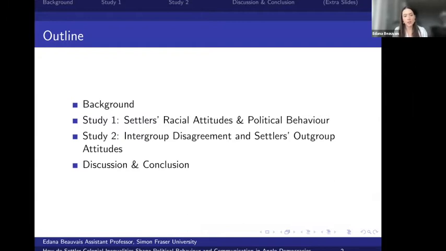The first study looks at settlers' racial attitudes and their political behavior, especially their voting behavior. The second study is more related to discourse, kind of reason giving. I look at how intergroup disagreement in online communication impacts settlers' outgroup attitudes. Then I'll finish my talk with a discussion and conclusion with the implications of my main findings.